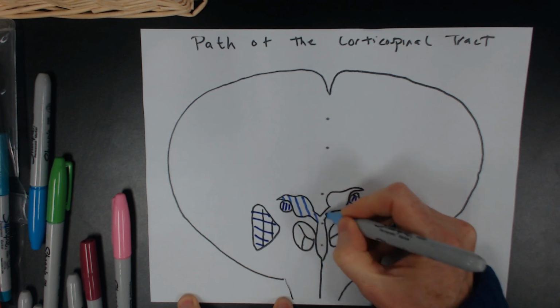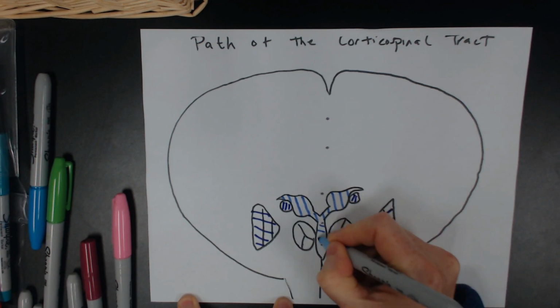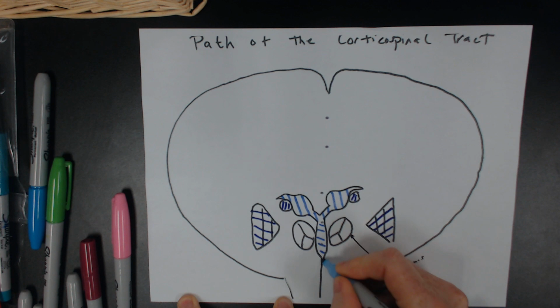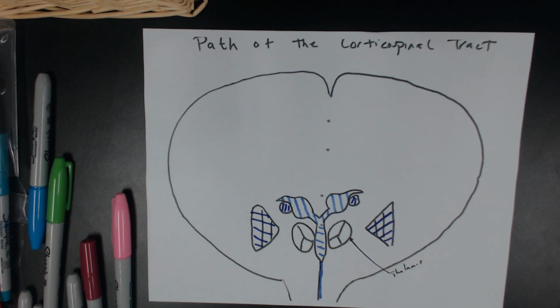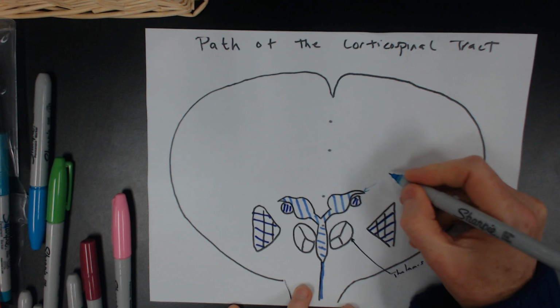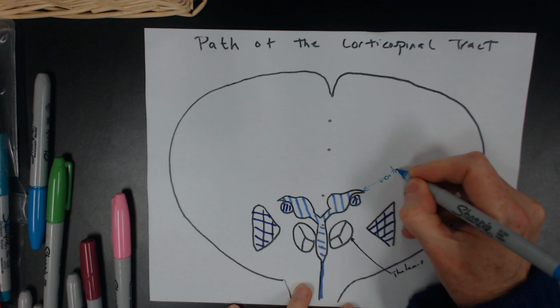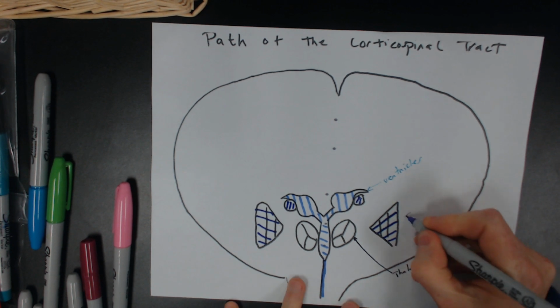Yeah, these are my lateral ventricles here. And here's my third ventricle. And then this is my cerebral aqueduct. So that's the ventricles in general, and I'll label the purple as my basal ganglia.